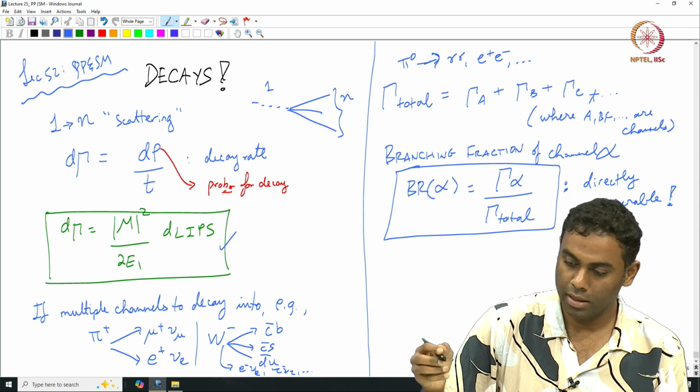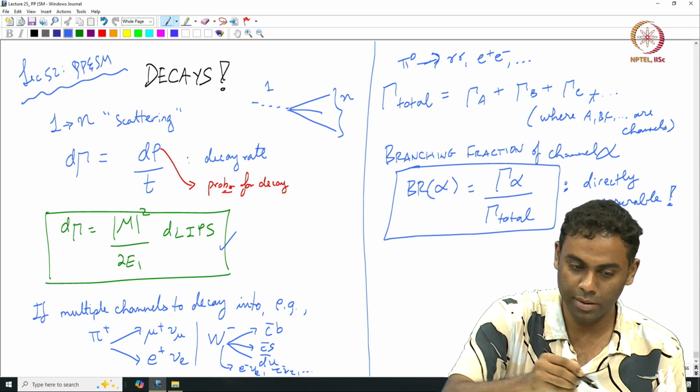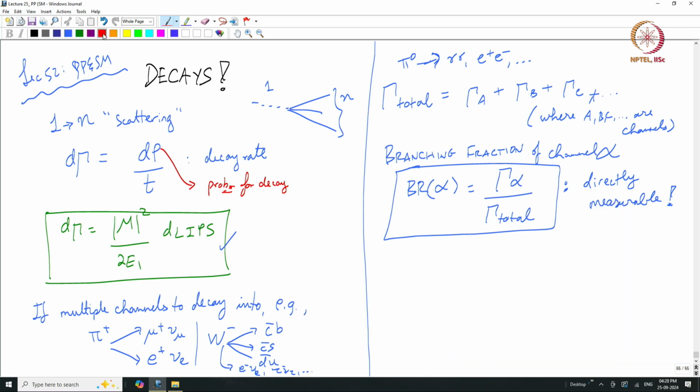Also, it is very important: the exact branching fractions to the final states are an important fingerprint to identify particle species.